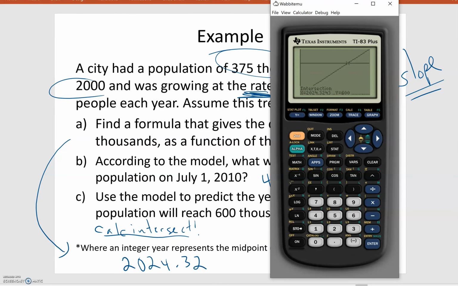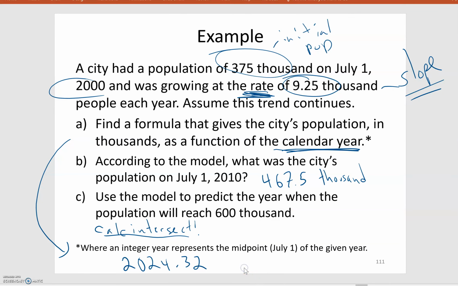Now the nice thing about calendar year is that I don't have to figure out the calendar year anymore because it gives me the answer in that form. The only thing I do need to worry about is if the decimal portion is big enough to push me into the next year. And remember that you're starting in July. This is not, though, because 0.32 is still less than 0.5, so I'd still be within 2024.